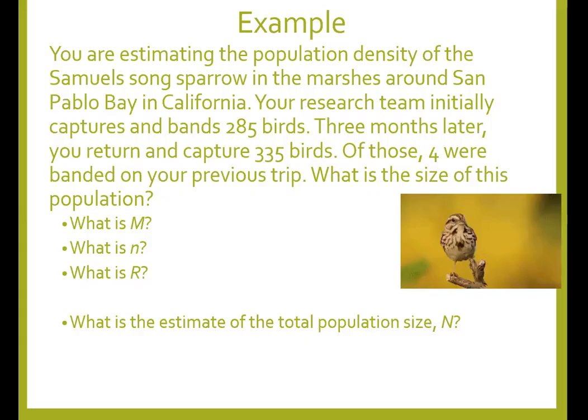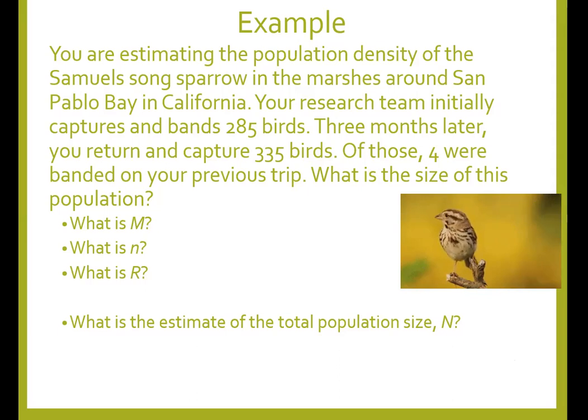Here, we're estimating the population density of the song sparrow, which is this little guy right here. The nice brown circle right in the front of the breast tells us that it's a song sparrow. Initially, a research team captures and bands 285 birds. They come back a second time and capture 335 birds.